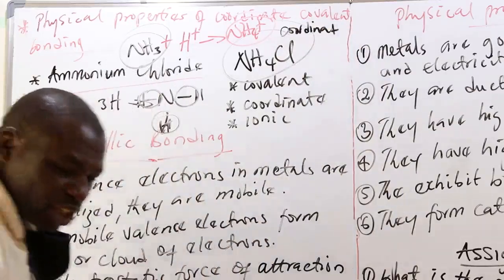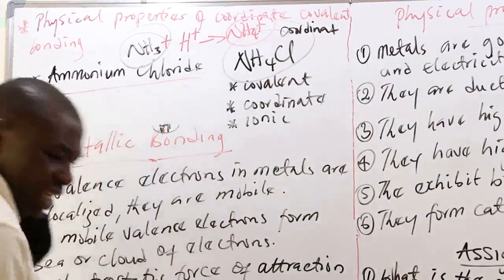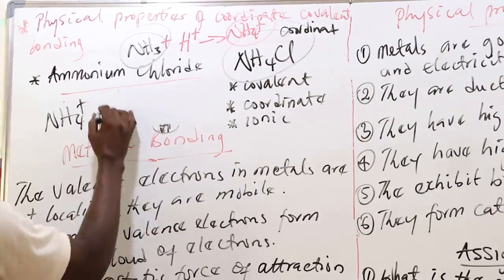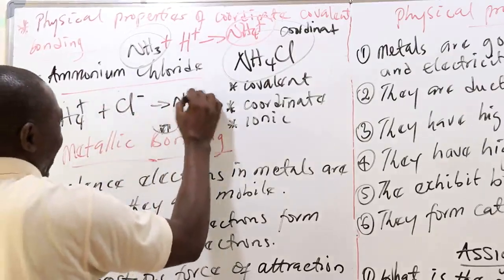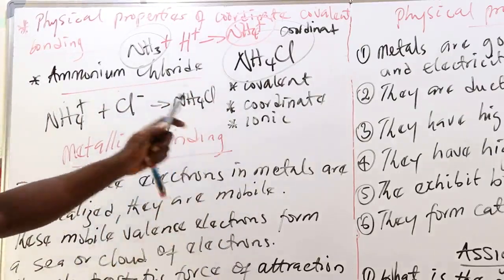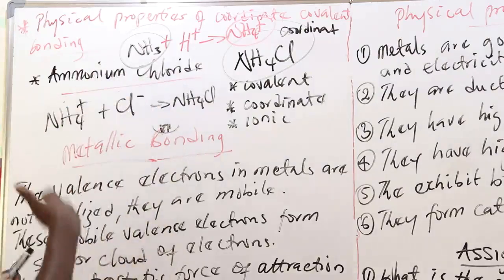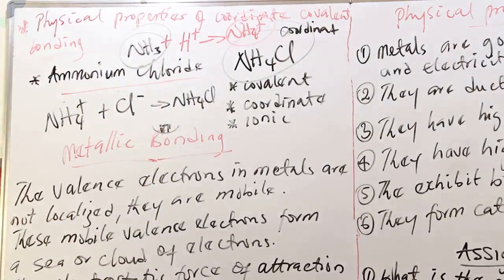Then the reaction between the ammonium ion, that's the NH4+, plus the chloride ion to give you NH4Cl is ionic. You know, we say ionic has to do with positive ion and negative ion, you know, electrostatic force holding the compound together.